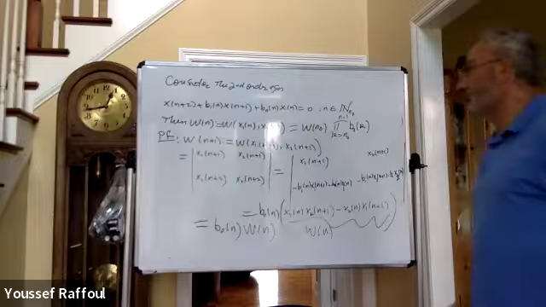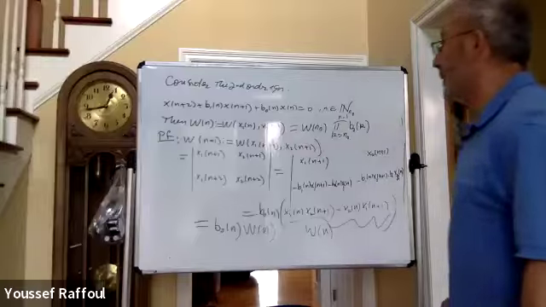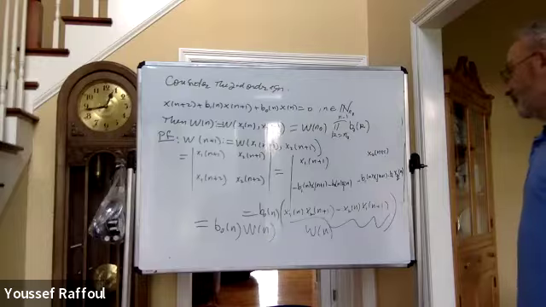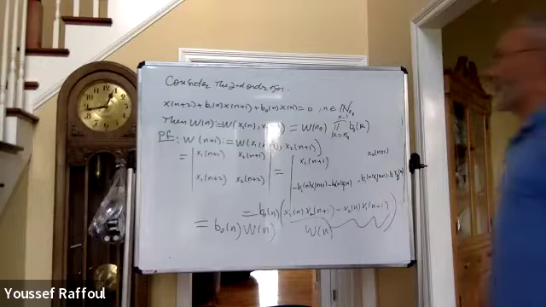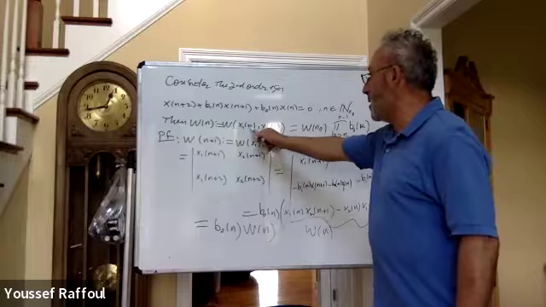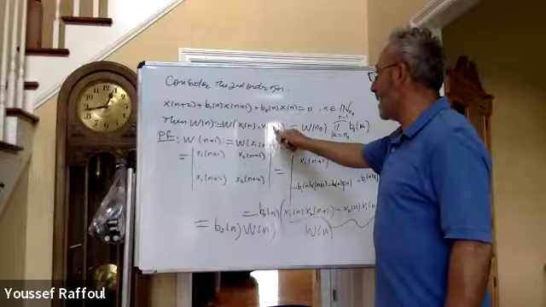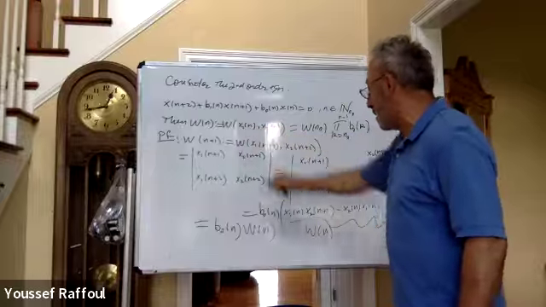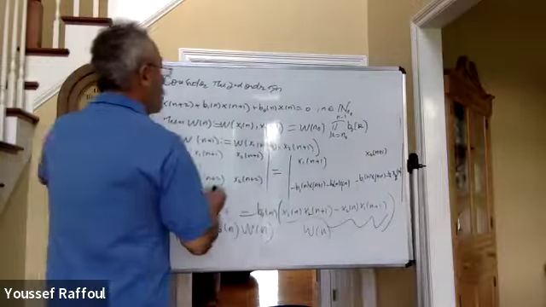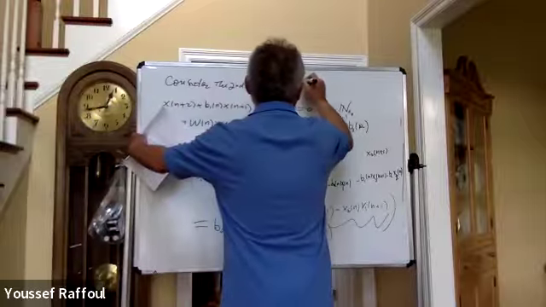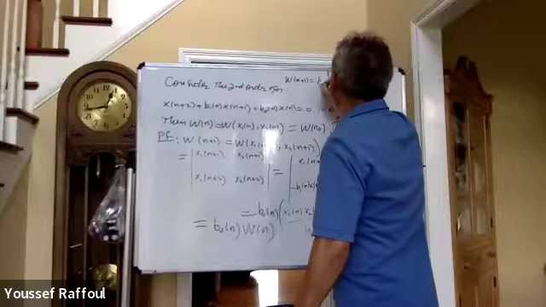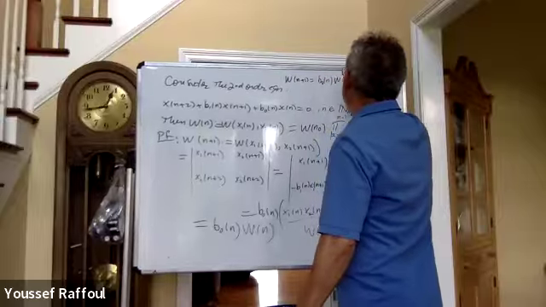This one is. Look at it. Okay? Because W of n is the determinant of x1 of n, x1 of n plus 1, x2 of n, x2 of n plus 1. Take the determinant, you'll get W of n. And you solve this, so you have W of n plus 1 equal to b0 of n times W of n.